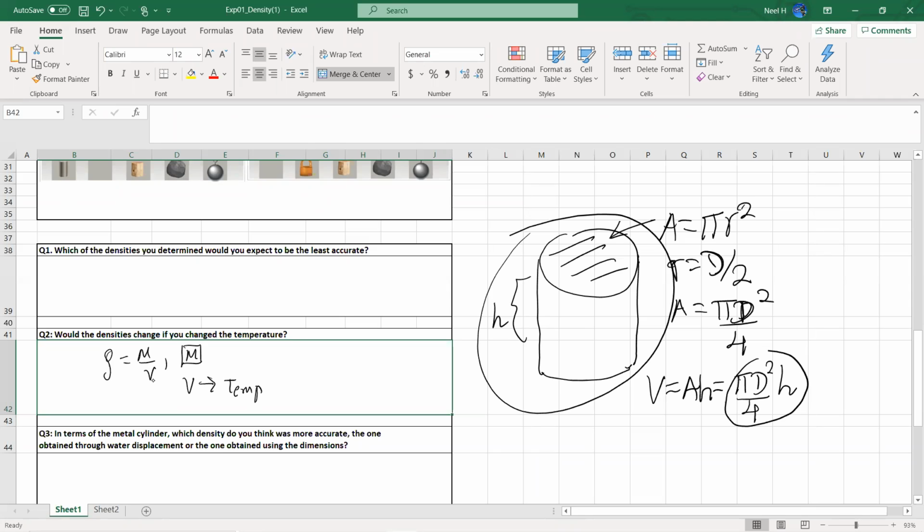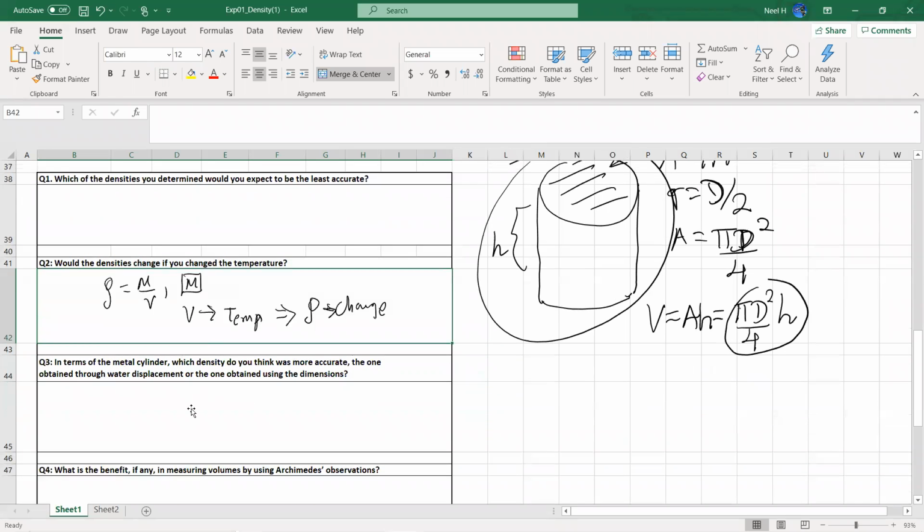So if you change the temperature, then the volume of the object changes, which means automatically the density must change, okay? So you just write again like 2 sentences: why the answer is change? The reason is volume is a function of temperature, or volume is sensitive to the temperature, okay? Either one is fine. Any question?